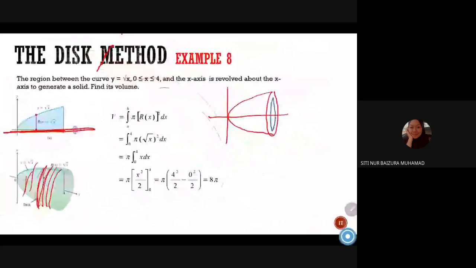Macam tu. Okay. Kita consider one by one. Satu cylinder, macam tu. Ni cylinder pertama. And then, ni satu cylinder, then you may proceed with the next cylinder and next cylinder and so on.